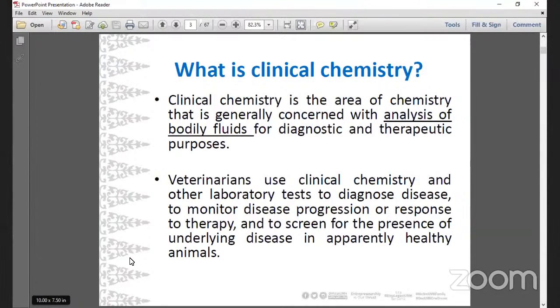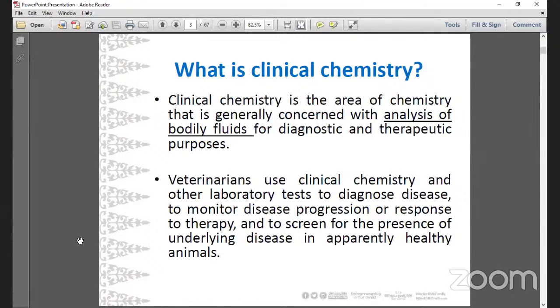Today I'm given the topic of a clinical chemistry examination for supporting diagnosis at clinic. Okay, so what is clinical chemistry? At first, clinical chemistry is the area of chemistry that is generally concerned with analysis of body liquids like blood, urine, cerebrospinal fluid, peritoneal fluid, or even thoracic fluid for diagnostic and therapeutic purposes.